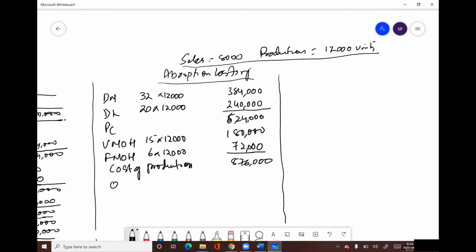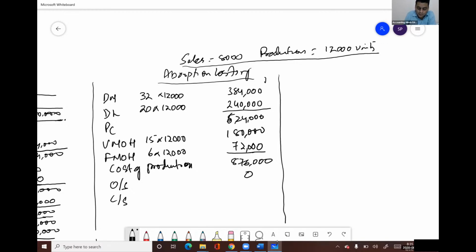Opening stock, 0. Closing stock, yes sir, we have 4,000 left. 4,000 is closing stock, but that is units. Give me the value.